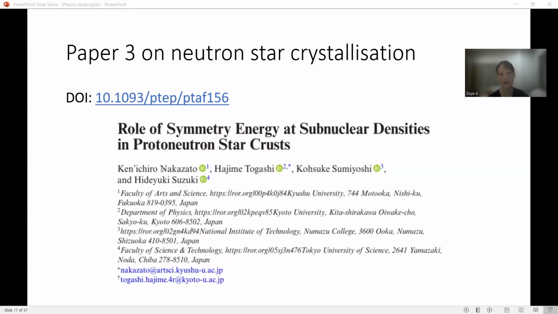So this paper analyzes how the crystallization temperature and time for a solid crust to form on a neutron star vary with various parameters.